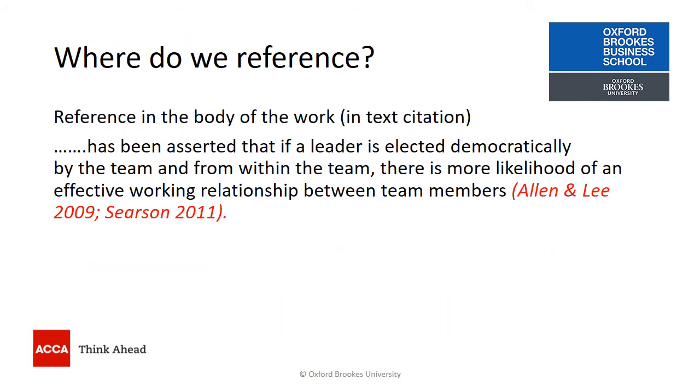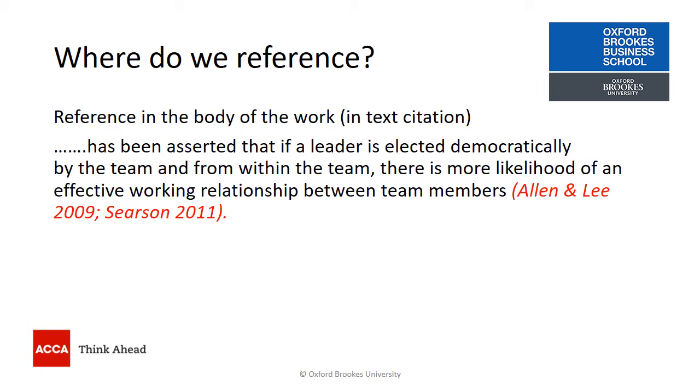And so where do we include those references? Well, we include those references in the body of work. So in your research report, you include what's called an in-text citation. And you can see in the paragraph here, we are referring to Allen and Lee and Searson, the writing in red.